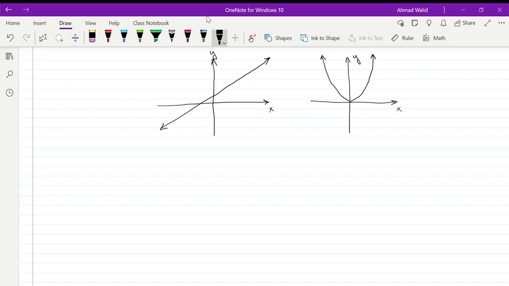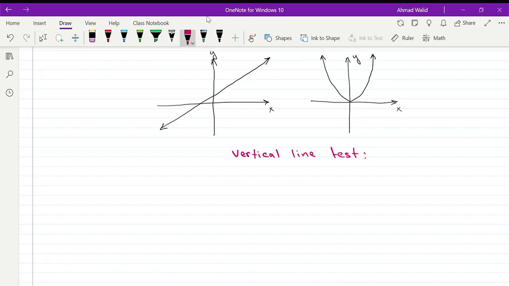To understand that a graph is representing a function, we have a method that we call the vertical line test. A very easy test. If someone gives you a graph and asks whether this graph represents a function, immediately do this.